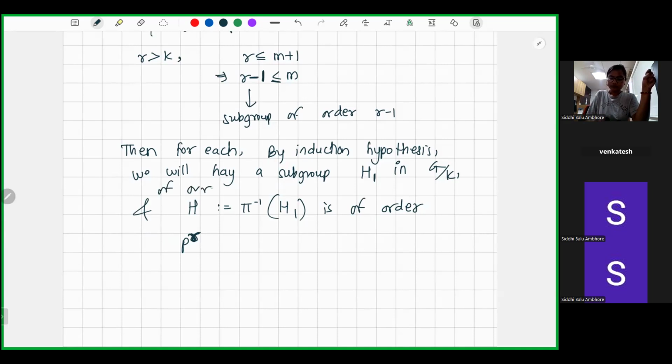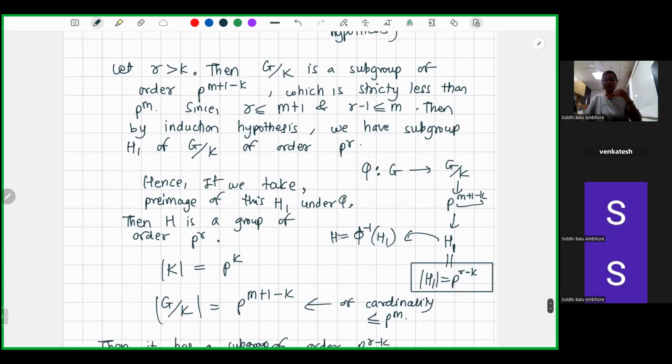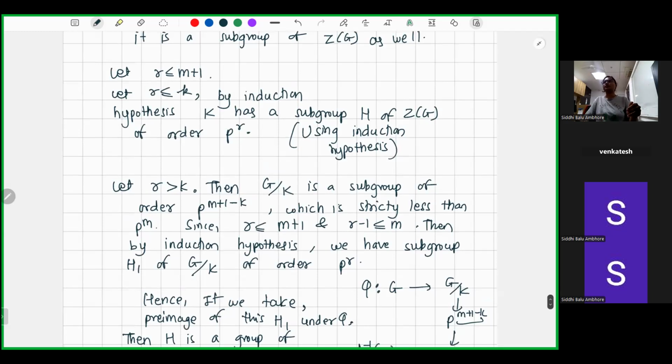Of order p power k minus r. Okay, the cardinality of H becomes p power r and this r was greater than k. So for both the cases, we got some candidate of order p power r.